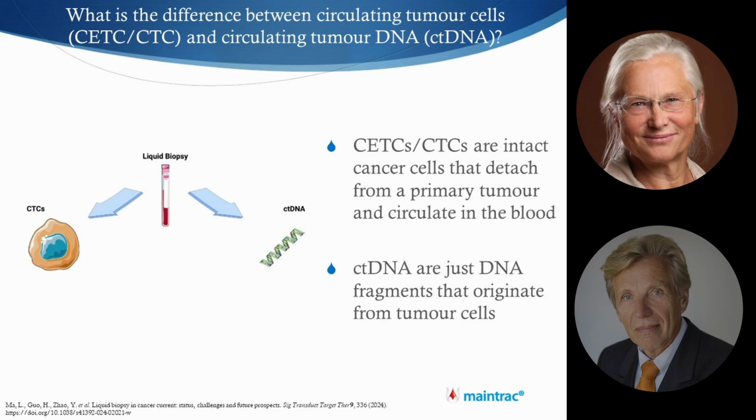Another frequently asked question is, what is the difference between the circulating tumor cells and the circulating tumor DNA, which is called ctDNA? So what we detect in the blood, in the liquid biopsy, is intact cancer cells that have detached from the primary tumor and circulate in blood.